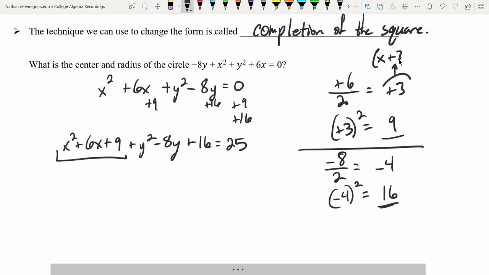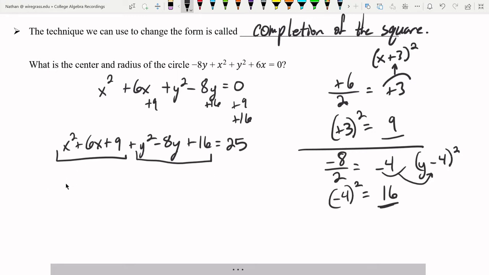In this case it was plus 3, so it's x plus 3 squared. This term is going to factor down into y and then whatever this number is here, so y minus 4 squared. I recommend you try that: actually factor these down and see how it works.